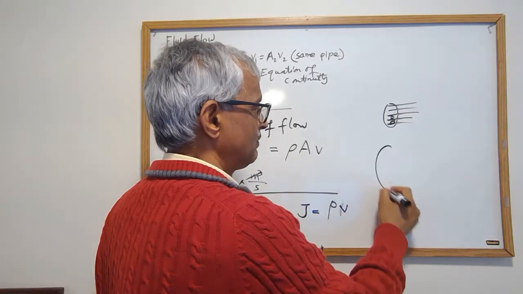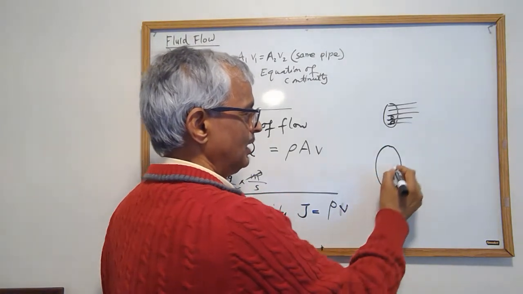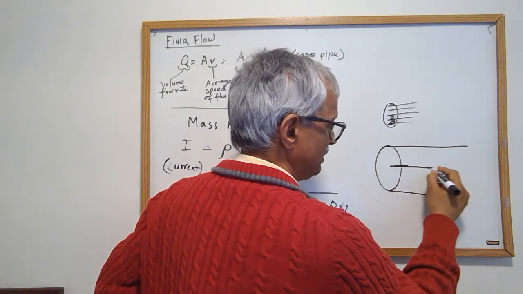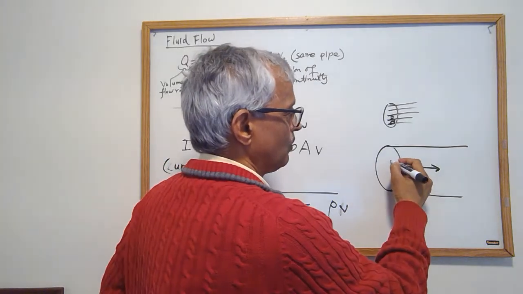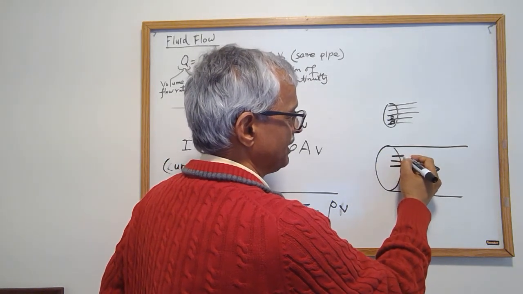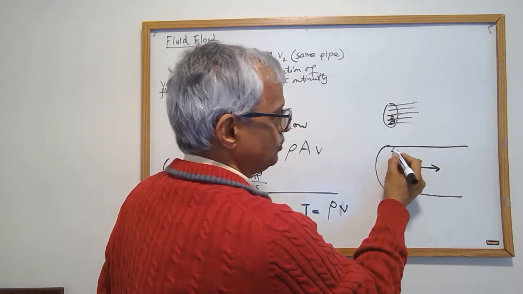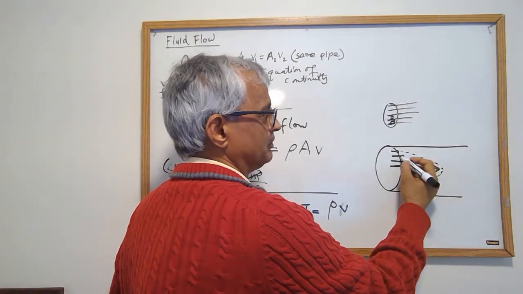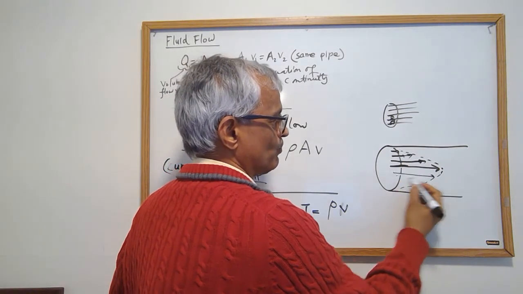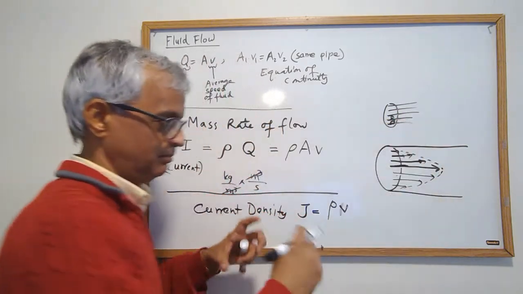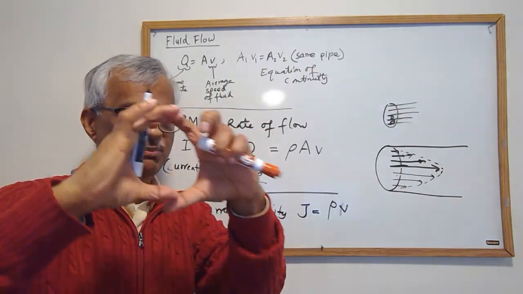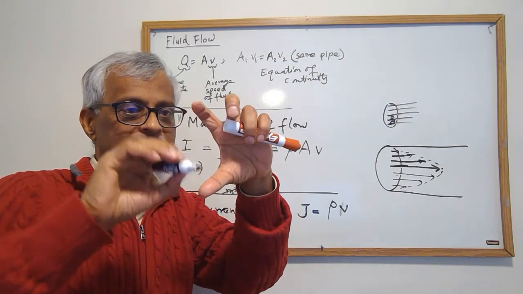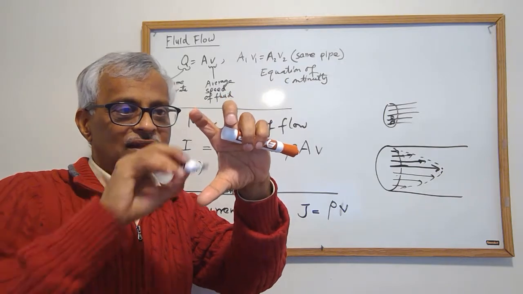So if I had an area of cross section, and this is the real thing, in the middle the fluid is going to flow with higher speed. Over here it is going to be less speed, and over here even less. So usually, if I had a cylindrical pipe, the speed in the middle is highest, and a little bit later it's less, and then less and less.